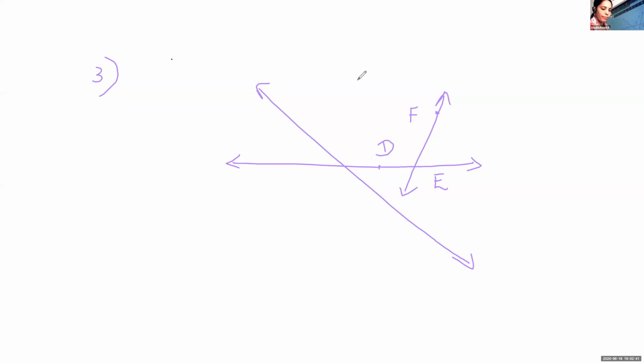D. O. B. A. And C. Okay. So this is the point, one point here, here also one point, and it is E, this point.